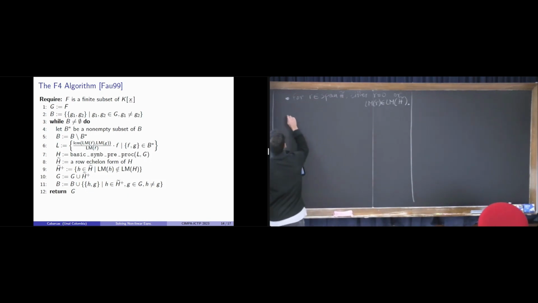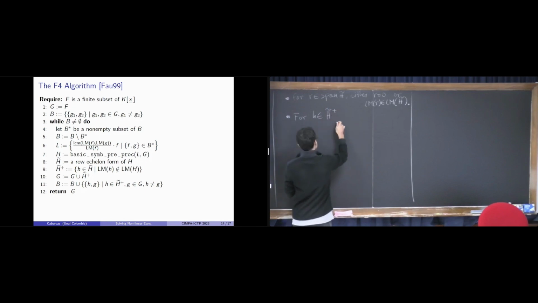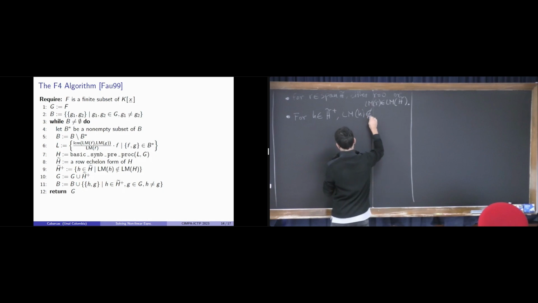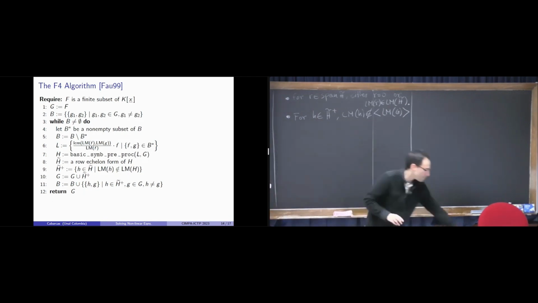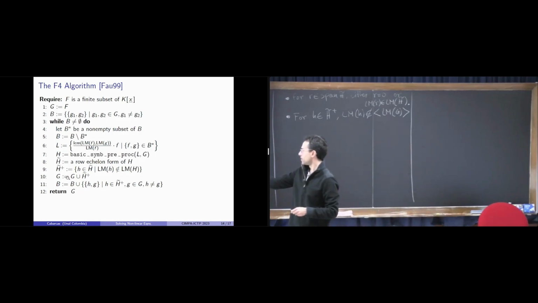The second observation is that for H in H tilde plus, the leading monomial of H is not in the ideal generated by the leading monomials of G. And what I mean here is, if you stop before you insert H tilde plus into G, so just after line 9, then this is true.